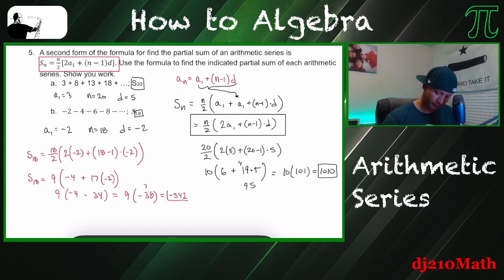So negative 342. If we kept this going, negative 4, minus 6, minus 8, minus 10, minus 12, minus 14, so on and so forth, and we take the first 18 terms and add them all up, it would be negative 342.